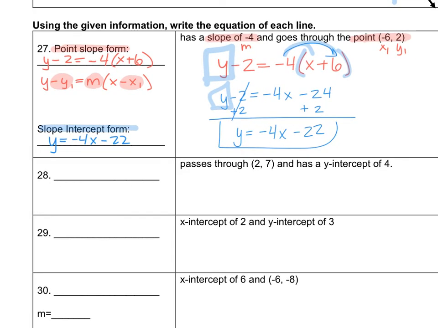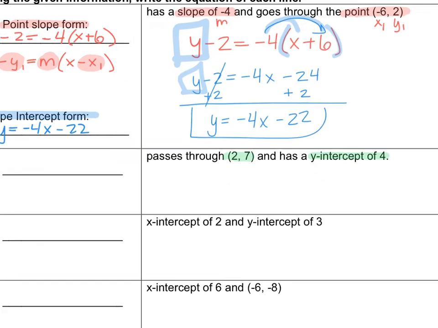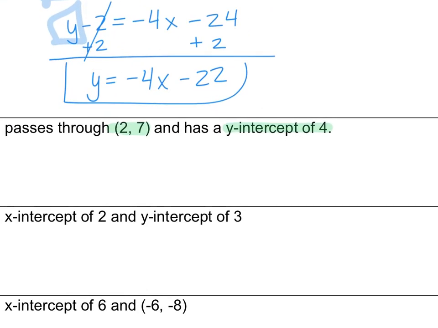All right, with number 28, we're looking at passing through the point -2, 7, and has a y-intercept of 4. So with this one, it's 2 points in disguise. We have to keep remembering that your y-intercept is also a point.